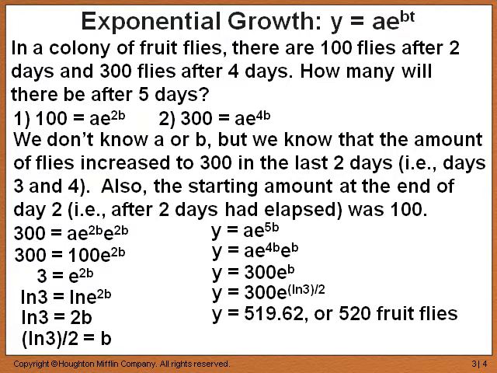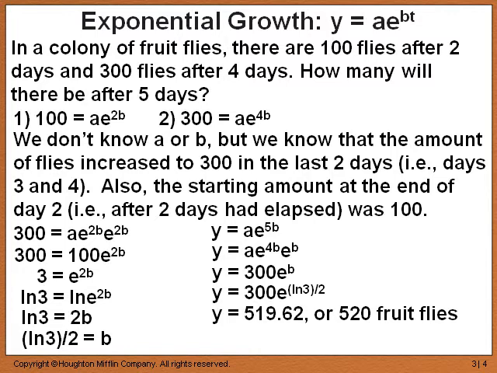Continuing then, you should plug in ln3 over 2 for b, and you get 519.62, so 520 fruit flies. Notice that the correct answer is 520 because you can't have 0.62 of a fruit fly. I mean, you can. That's kind of gross.